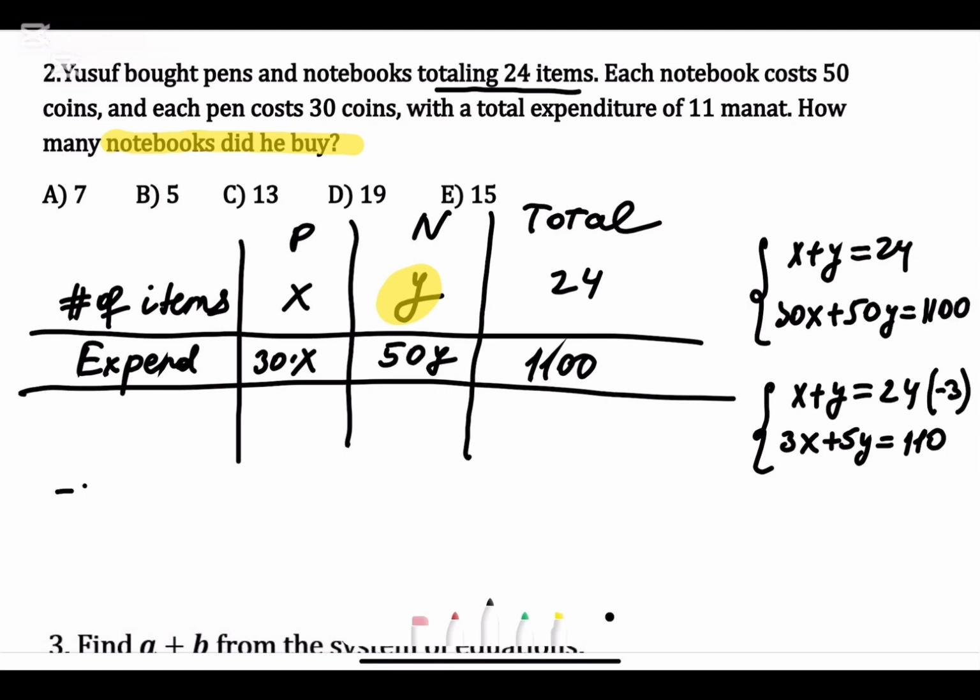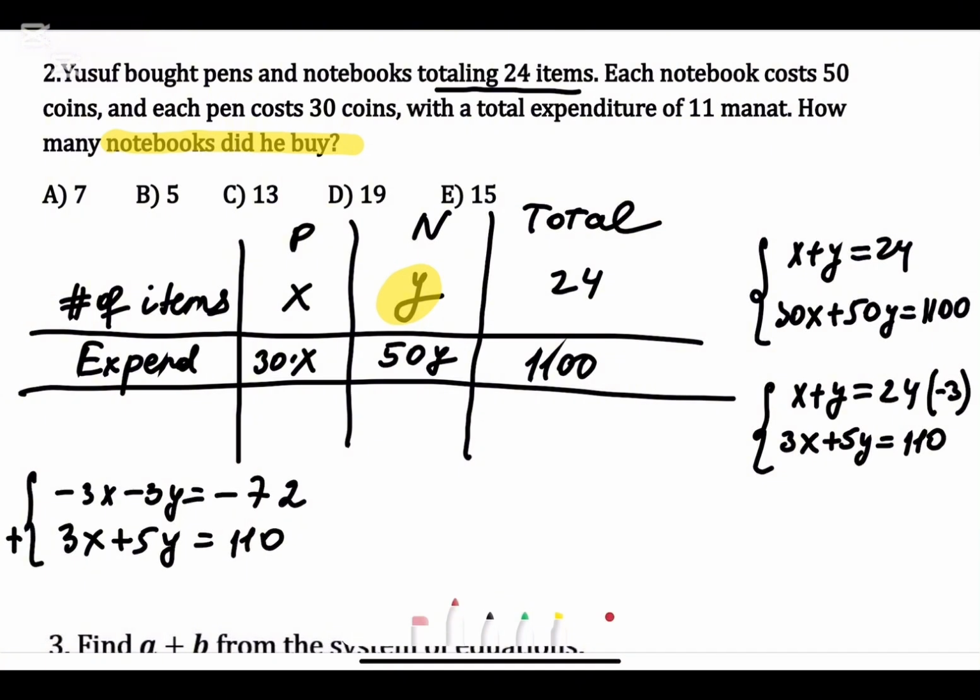So I'm going to have -3x minus 3y equals negative, what is that, 72. Then we have 3x plus 5y equals 110. So using the elimination method, or adding both equations, we're going to have on the left-hand side 2y.